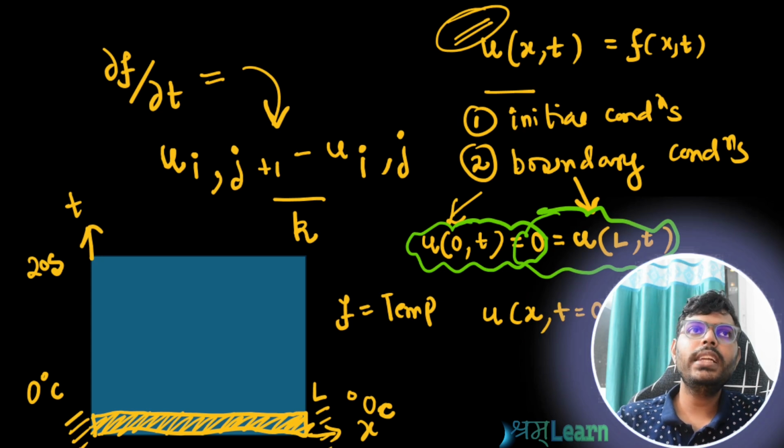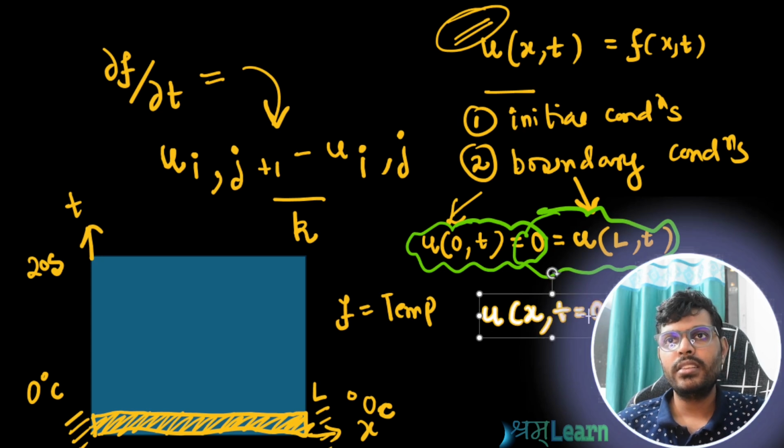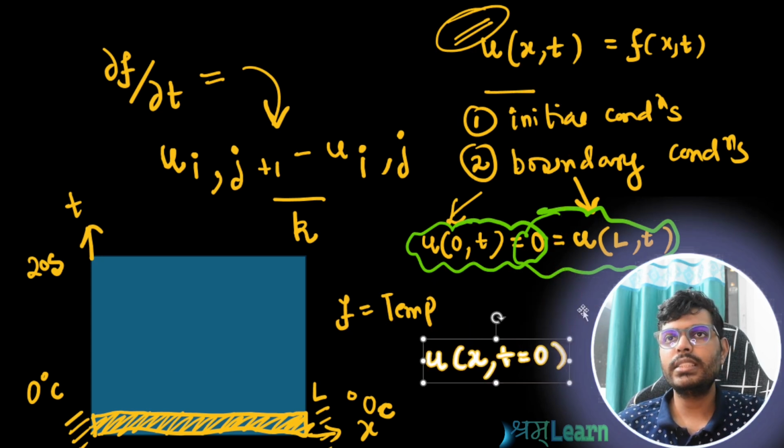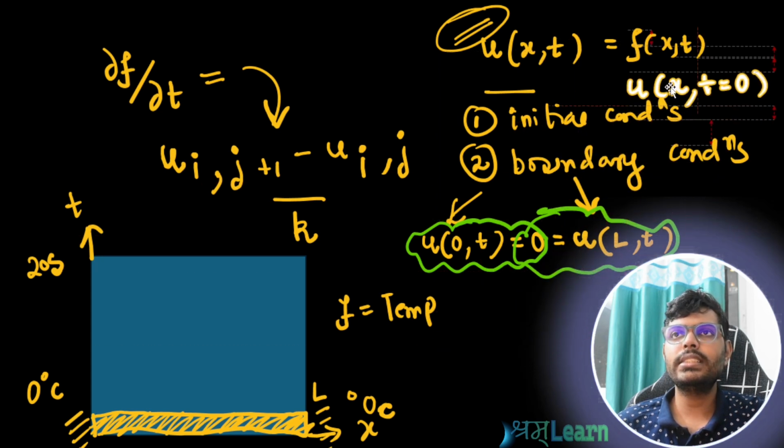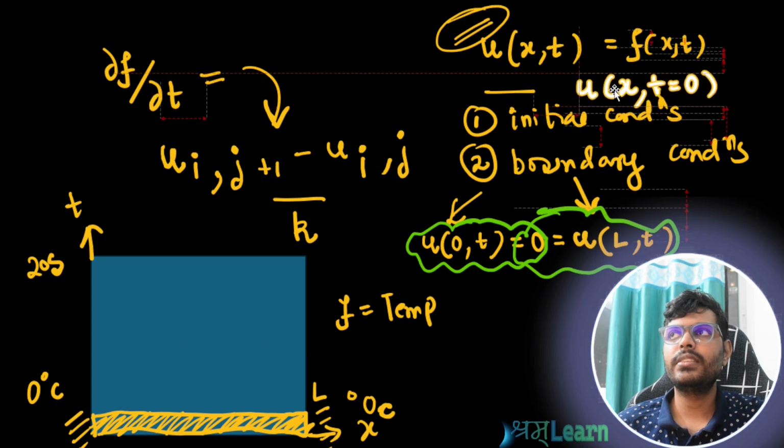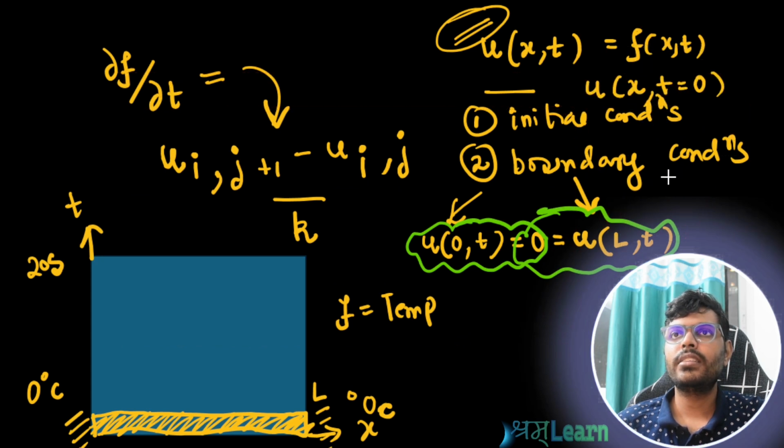So what is my initial heat distribution? I should know that, otherwise I cannot solve the differential equation. So this should be known, and this condition is the initial condition. So u of x comma 0 is the initial condition.